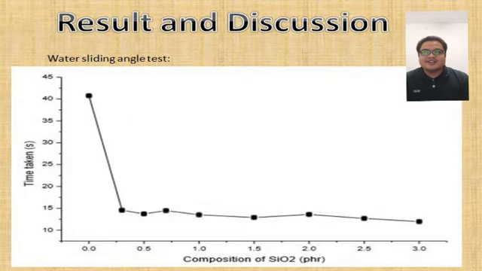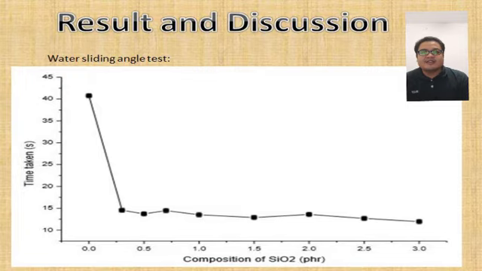Next, we test the coating for its hydrophobic properties. First, we do the water sliding angle test. From the result obtained, we can see that when there are absence of silicon dioxide in the mixture, the time taken for the water droplet to slide down is the slowest, which is about 40.75 seconds.